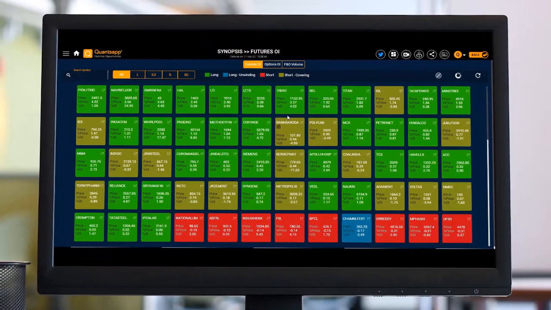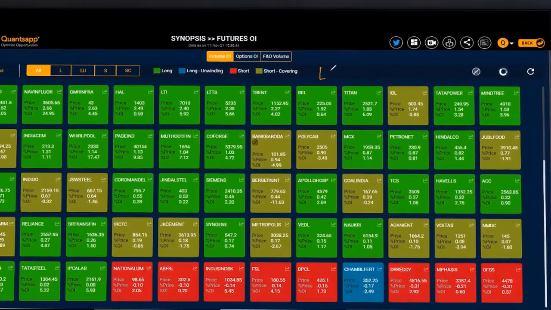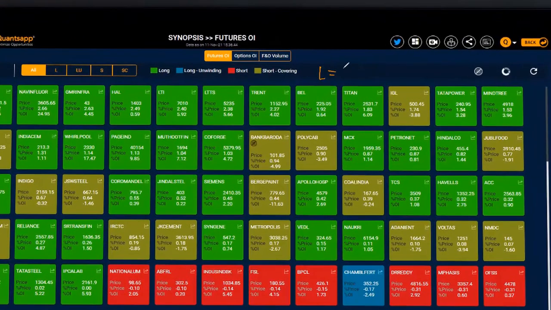Now, if I give you an example, let's say there is one scenario wherein the stocks on the long side are just, let's say, 20, versus the stocks on the short side are, let's say, at least 150. Now, if you look at this data, ask a question, which side will you take a trade in?